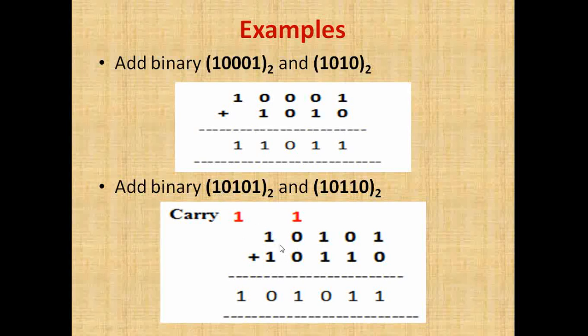So we will write the first number at the top, and the second number after that. Now we add them. 1 plus 0 is 1, 0 plus 1 is again 1. Now this time 1 plus 1 gives you 0 with a carry of 1. So we will write the carry here only, as we do with decimal additions.